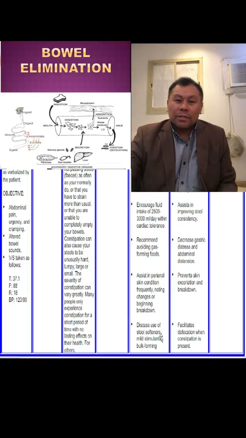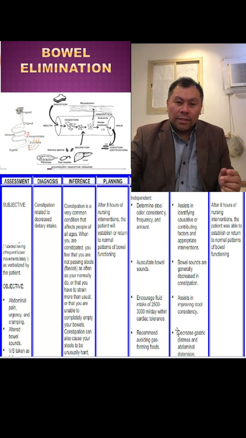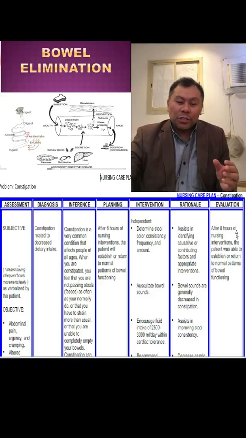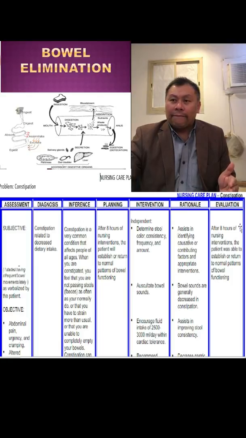If prescribed by the doctor or the physician, you are going to administer that. Surely, for every medication you are going to administer to your patient, you are going to study it. Once questioned by the patient, you will be able to answer what's the purpose and what are the mechanisms of action of that medication.